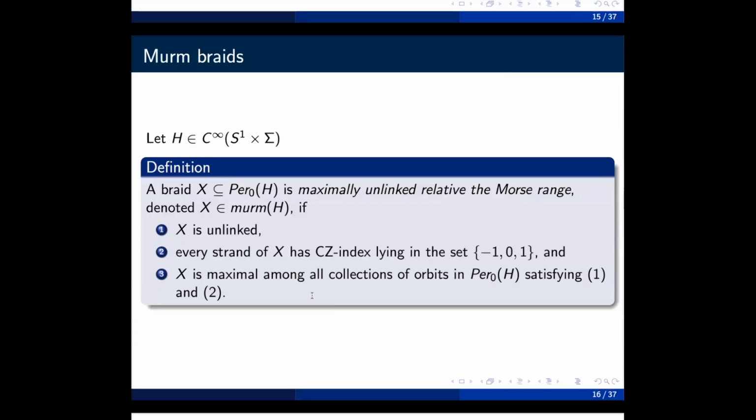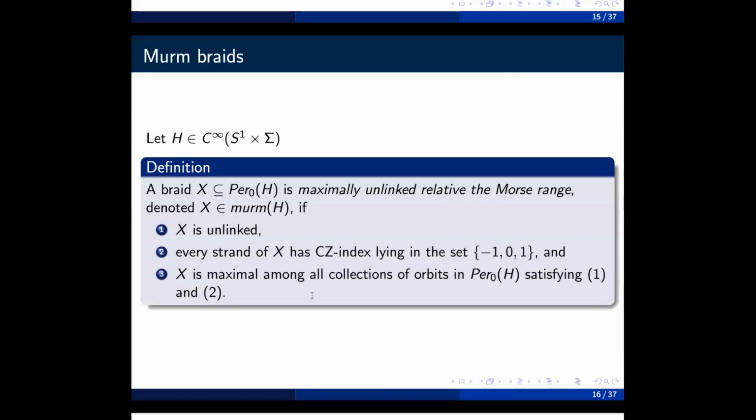And so I'm going to say that it's maximally unlinked relative to the Morse range if, 1, it is an unlinked braid; 2, every strand of the braid has Conley-Zender index lying inside this Morse range; and 3, it's maximal among all of these conditions, right?